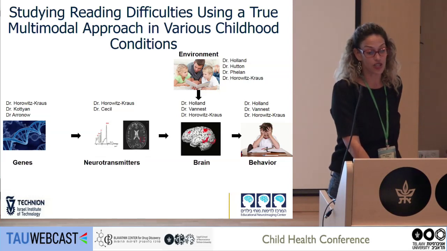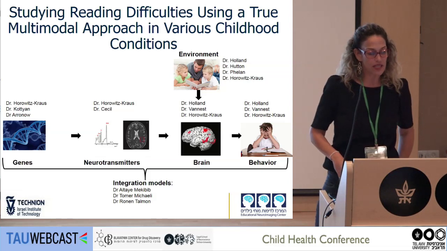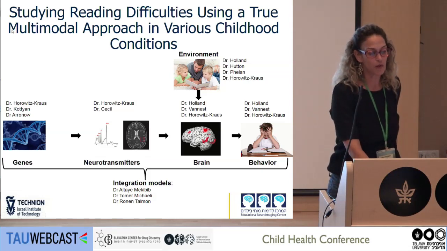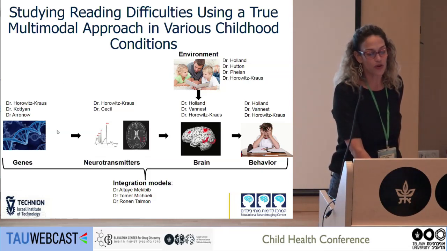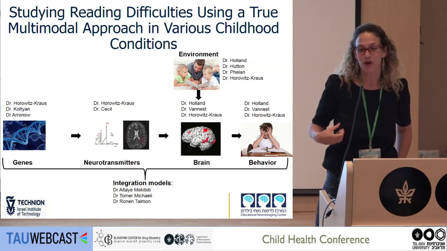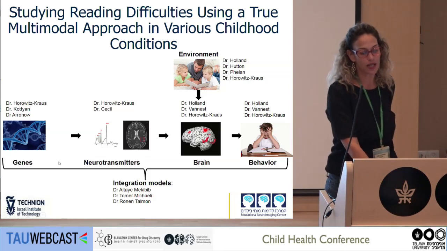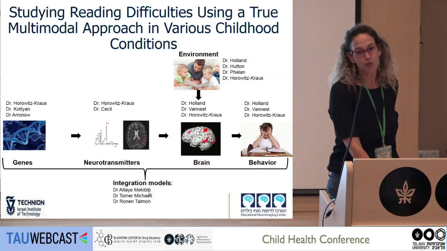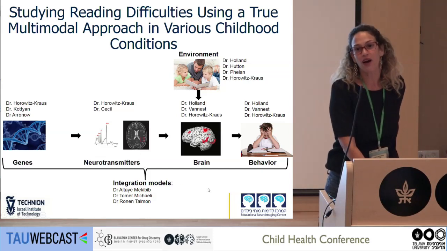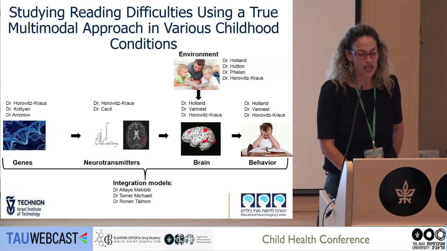As I said, this is just the tip of the iceberg, and our studies are looking from the genetic components to neurotransmitters, taking me back to my master's degree, spectroscopy data that we collect using the scanner, to brain imaging, which is fMRI, MRI, DTI, diffusion data.